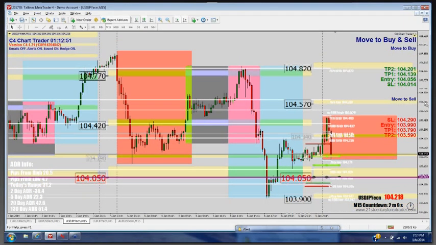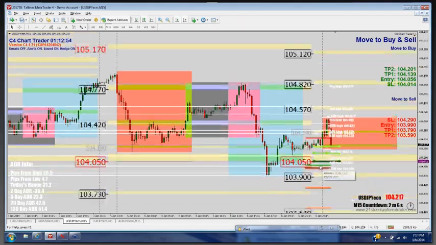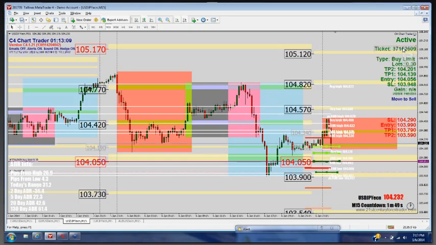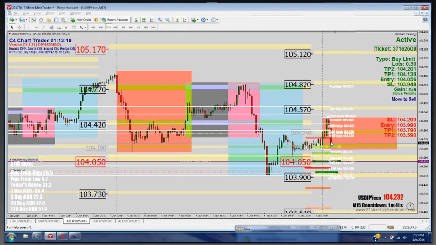But what we can do here is look to set up a trade. There we go. So we could keep this fairly tight and look to buy this the first time it gets to 104.05. So if it does push down there, we'd look for a bounce the first time it gets to that level. So I'll go ahead and park a trade there and see if we can't pick up some pips on that one.